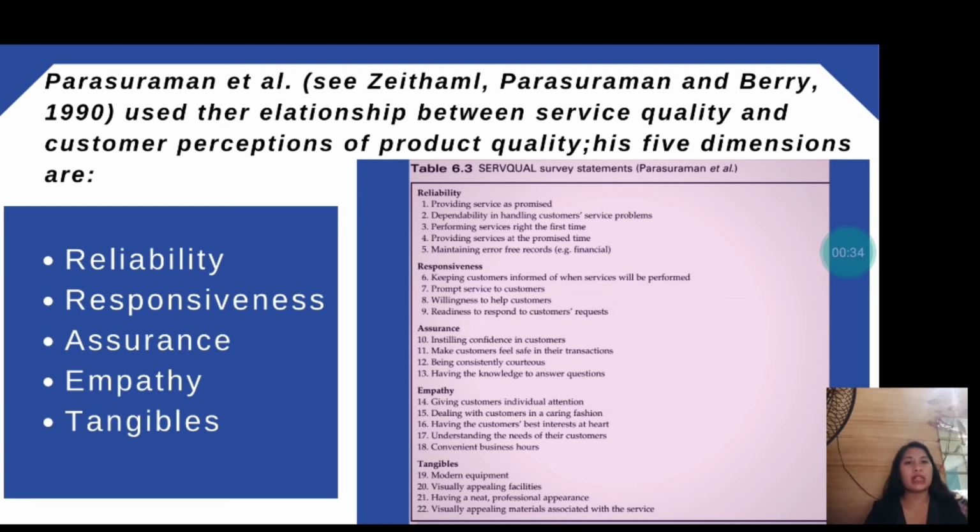When we say reliability, it is providing service as promised, and dependability in handling customers' service problems, performing services right the first time, providing services at the promised time, and maintaining error-free records.